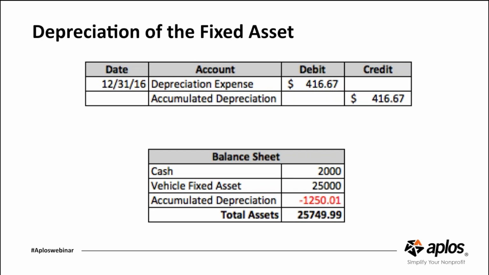So my accumulated depreciation is negative $1250.01. My vehicle fixed asset is $25,000, cash $2,000. So my net total assets is the sum of all that. $2,000 plus $25,000 is $27,000 minus $1250.01, which brings me to $25,749.99.